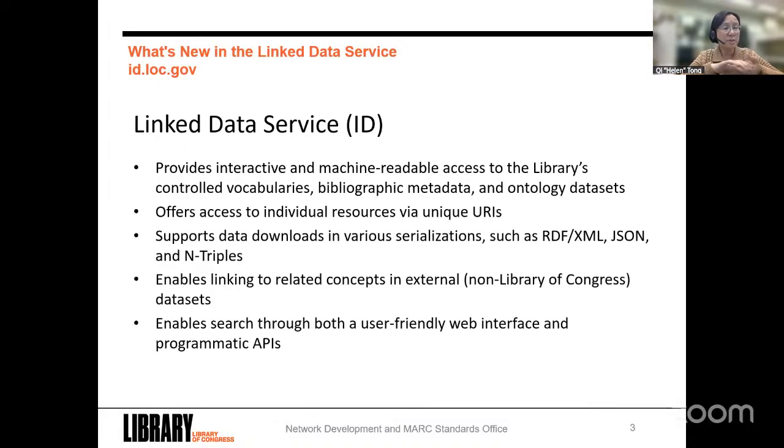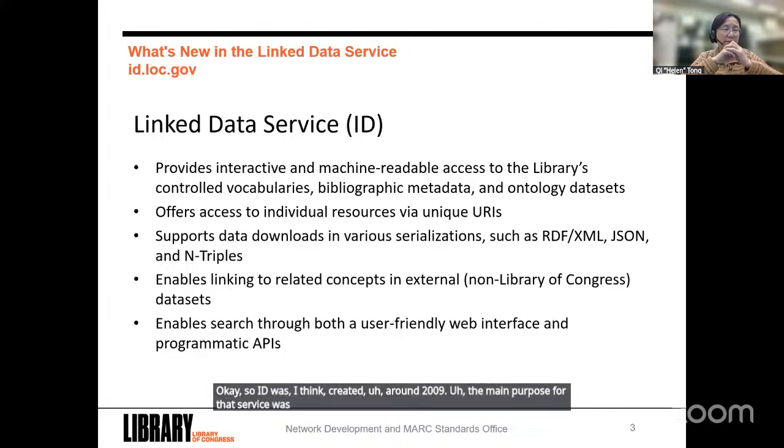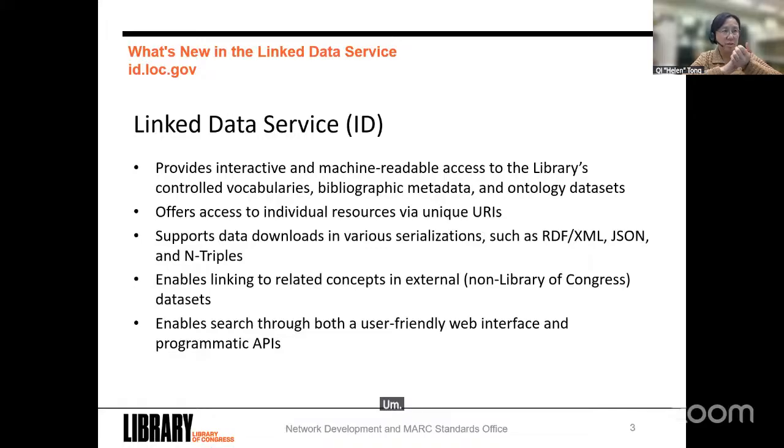Okay, so ID was, I think, created around 2009. The main purpose for that service was to provide access to the library's controlled vocabularies and bib data in linked data format. Each resource in ID has a unique URI.